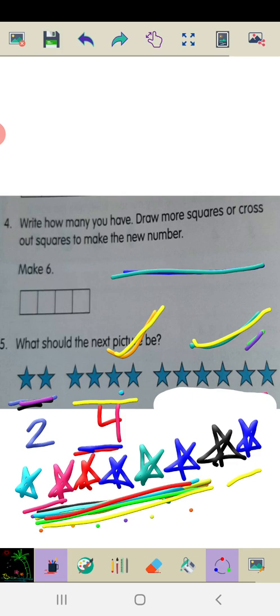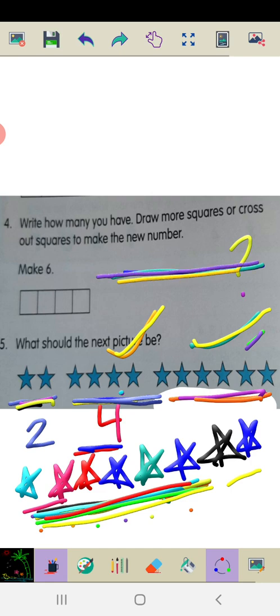To get these 4 stars, I added 2 stars. To get these 6 stars, I added again 2 stars. So for the next group also, if I add 2 stars, I will get the number of stars in the next group.